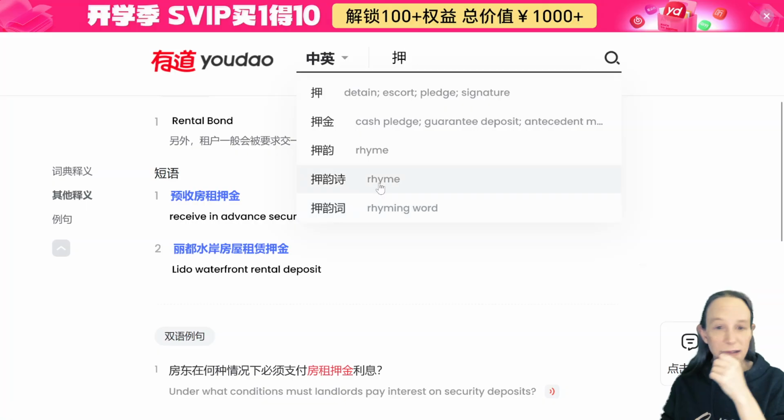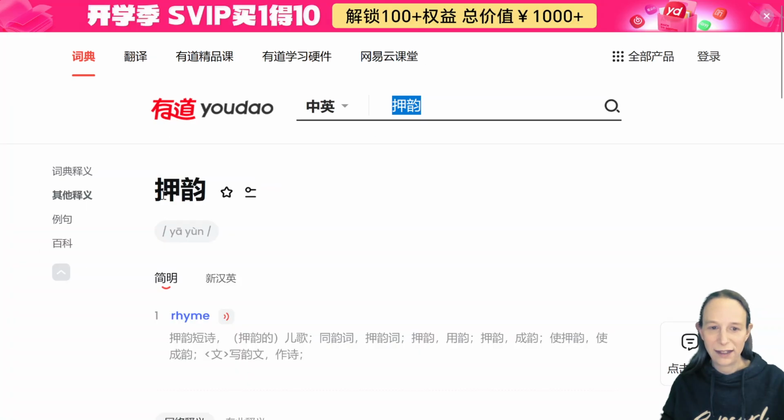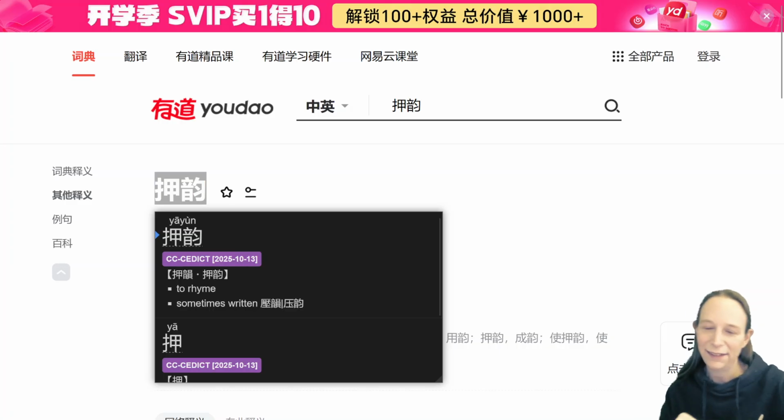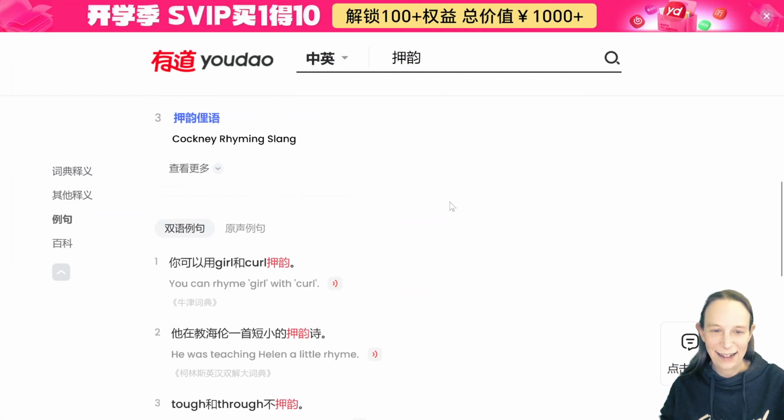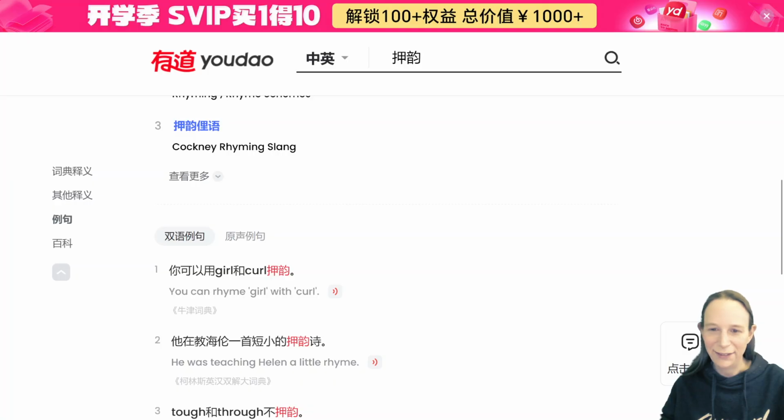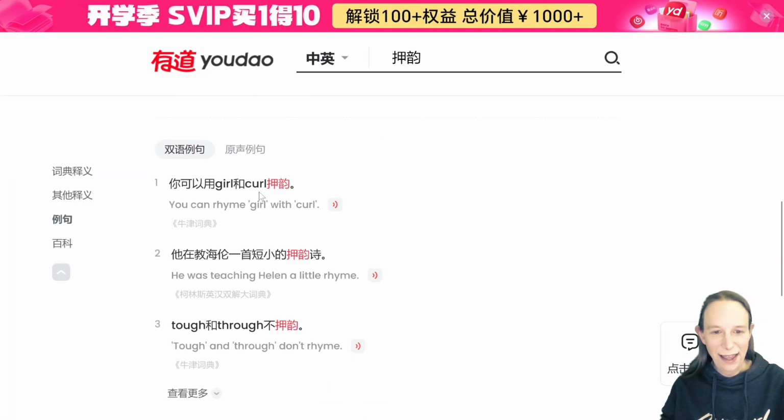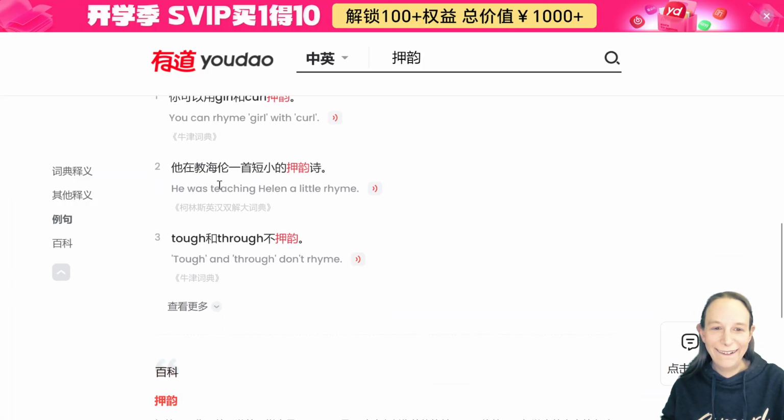Rhyme. Really? 押韵. The thing is, it's a little bit different in Chinese and English, right? The syllables are different, or at least don't seem all that similar. 你可以用 girl 和 curl 押韵. I mean, girl, curl, yeah, they do rhyme. 他在叫海论一首短小的押韵诗.